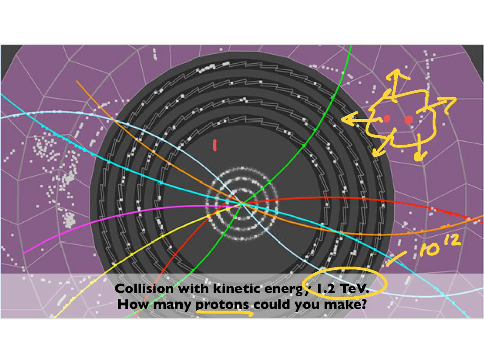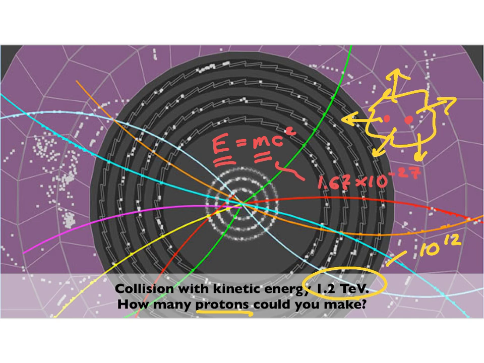Well, of course, to calculate that, we would just use our most famous equation in the world, E equals mc squared. The energy that I get is 1.2 times 10 to the 12th electron volts. If I convert that to joules, I can ask myself, how much mass can I make? The mass I want to make is an individual proton, which has a mass of 1.67 times 10 to the minus 27th kilograms.